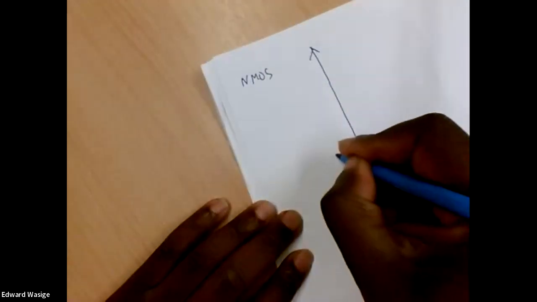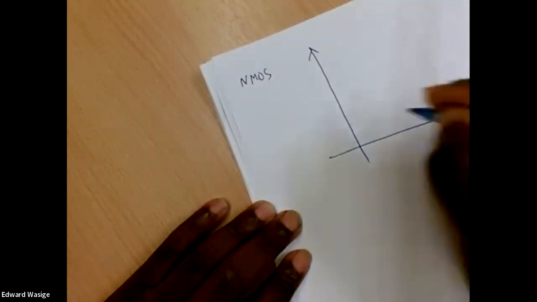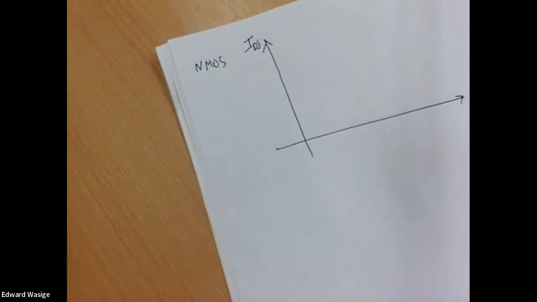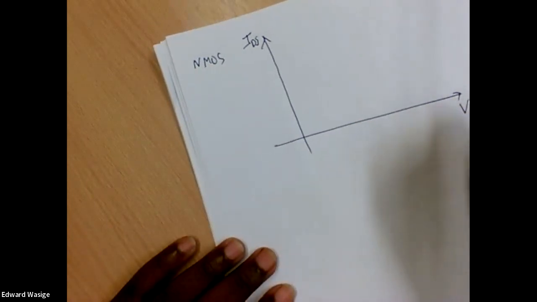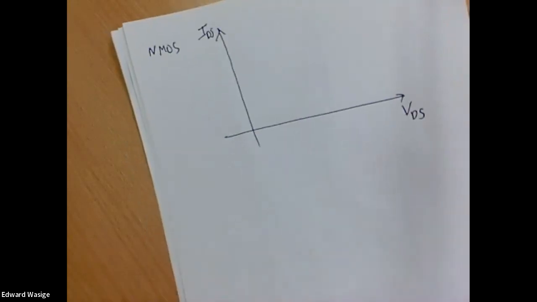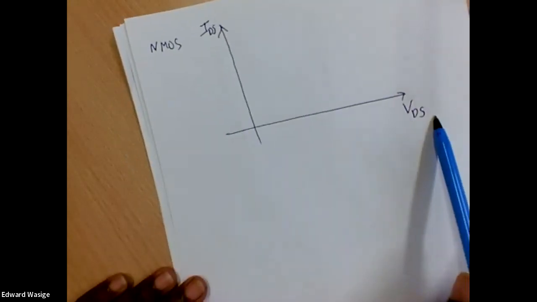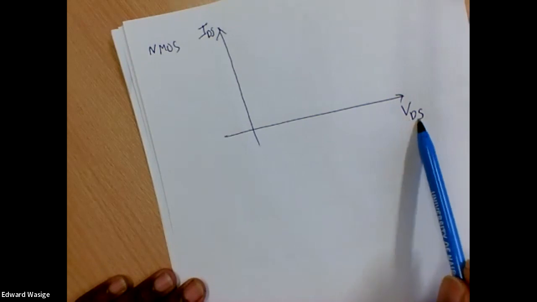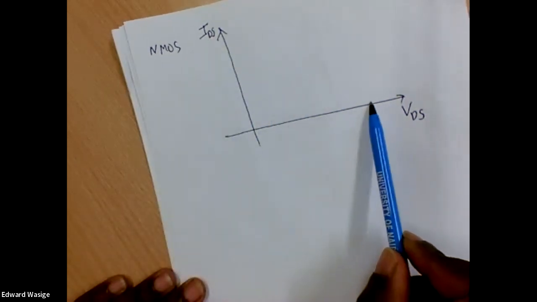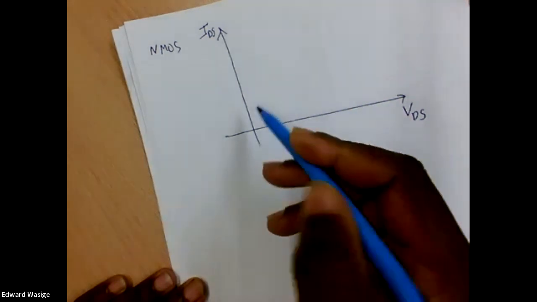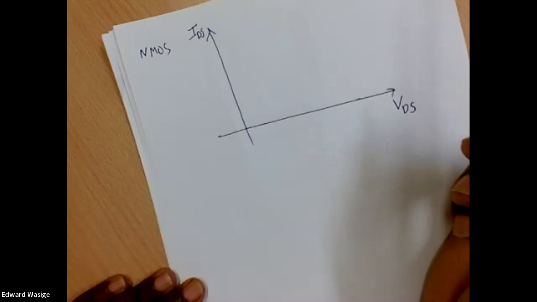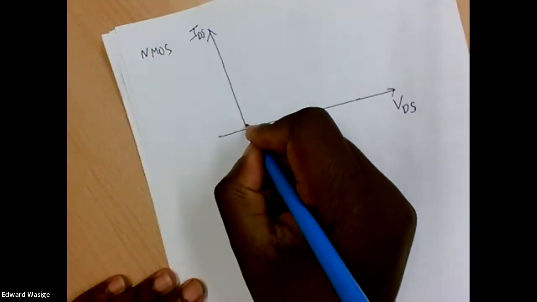So our NMOS device, if we look at the characteristics, the current between the two main electrodes, drain to source, is a function of the drain to source voltage. So if we connect a battery between the drain and the source, we can have a current flowing through. As we said, if there's no gate voltage, the current flowing through is 0. For small gate voltages, the current flowing through is still 0.